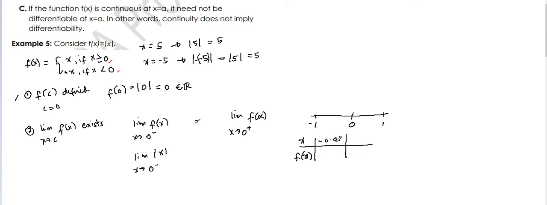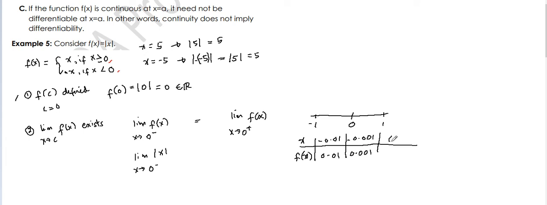If we're going to substitute this in our x, so syempre magiging positive 0.01. Then, what if we have negative 0.001? Ano yung ating f of x? So, ang absolute value nito is 0.001.